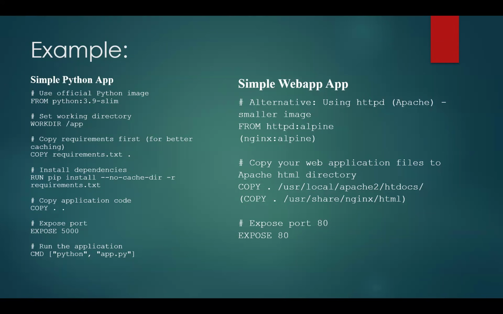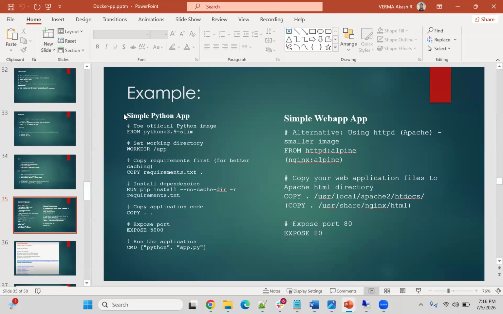From the working directory, copy this, then after copy, run that part. Once you copy into the main server, run the application. Similarly, there is one for the web app also.